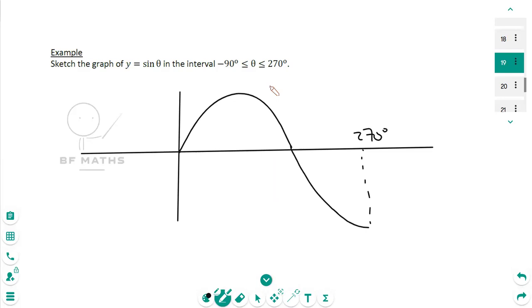I also need to go minus 90, so minus 90 is here. When you say sketch, you should put a 1 and minus 1, and some special angles, 90, 180, and that's all. So that's the answer, right?